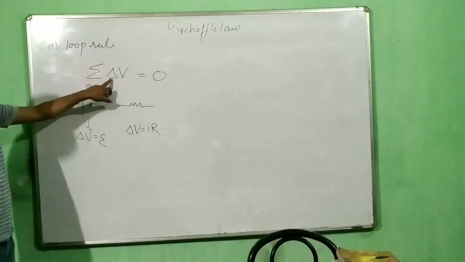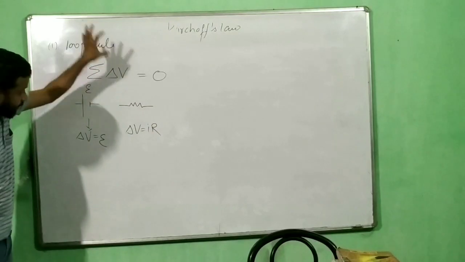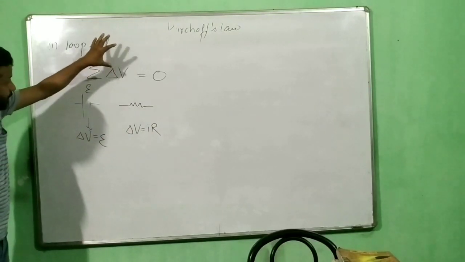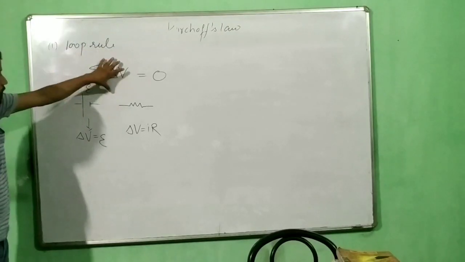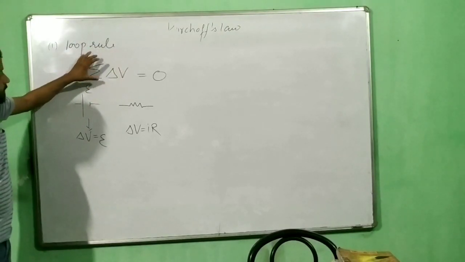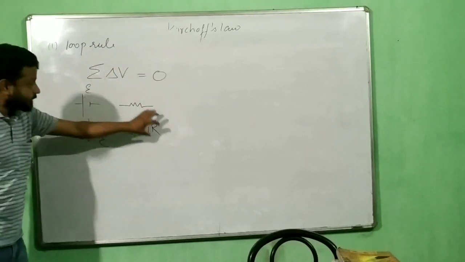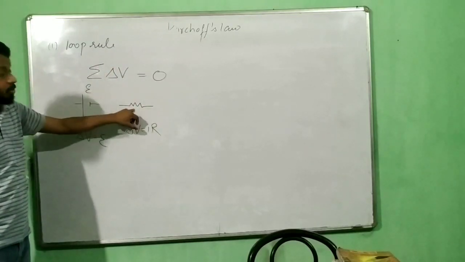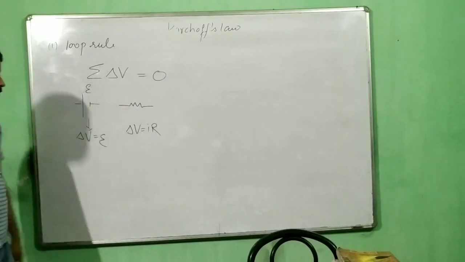So if you are having a resistance, this includes IR. If the loop includes EMF, then this delta V includes EMF also. So when I say algebraic sum of potential difference, this potential difference includes EMF as well as the potential drop equal to IR across a resistance. All that should add up to 0.